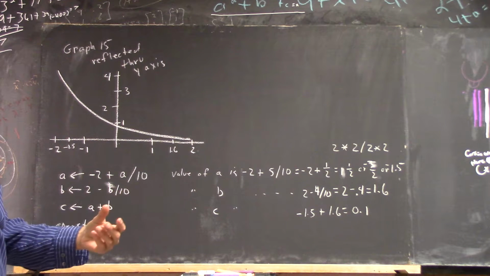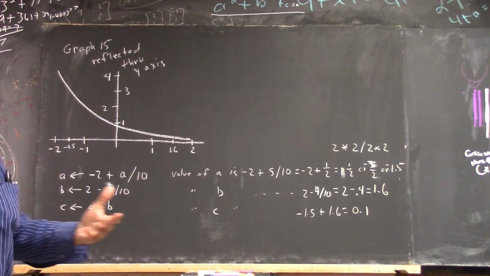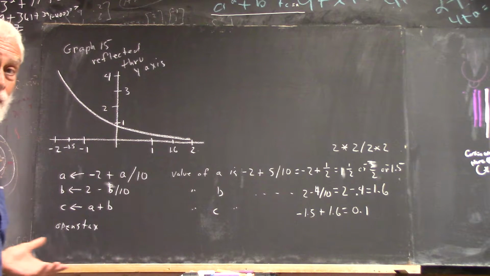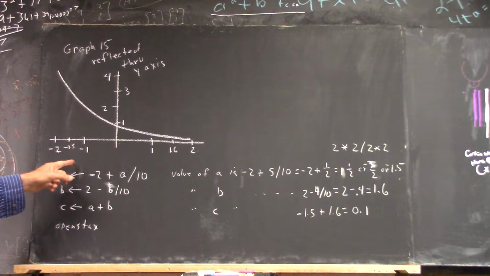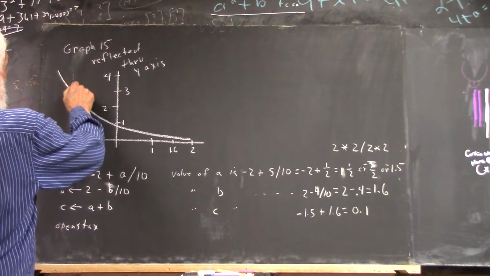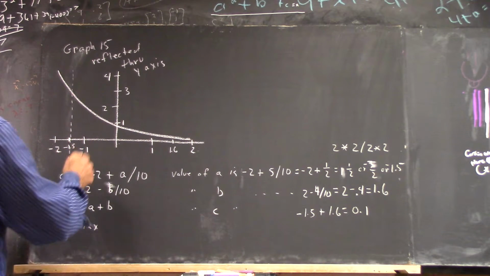We want a point on the curve whose x-coordinate is negative 1.5, right? Well, where are the points whose x-coordinates are negative 1.5? Well, they've got to be directly above and below this one. Okay? So we can sketch maybe a dotted line that goes through this, or close to it.